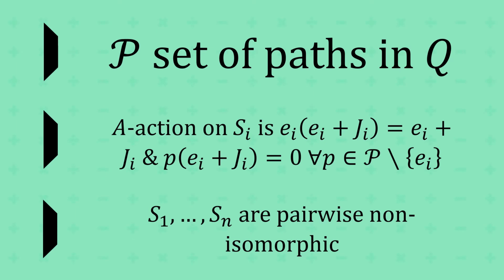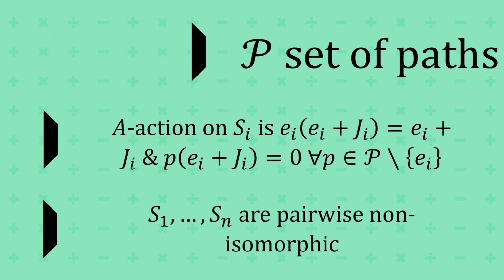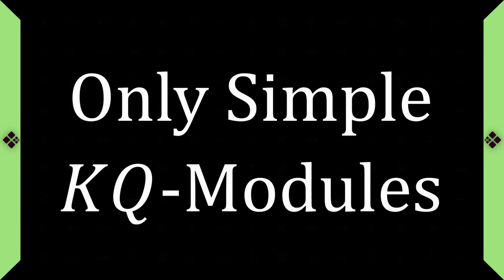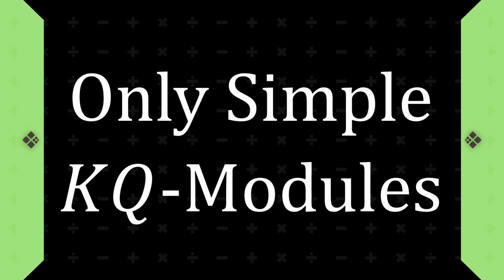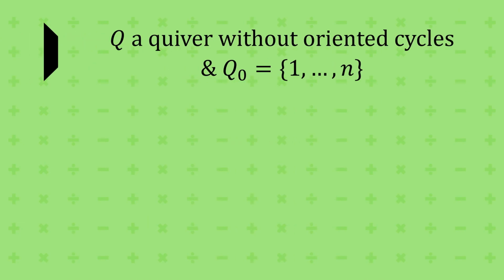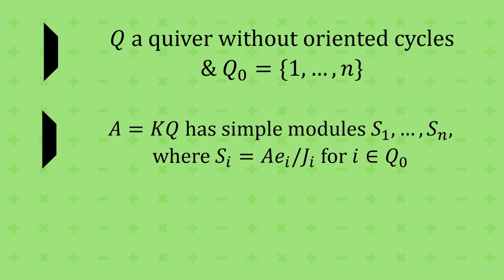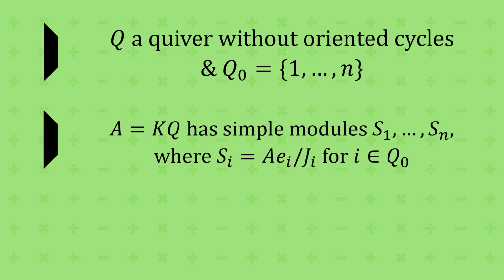We can show, using a proof by contradiction, that the A modules S_1 to S_n are pairwise non-isomorphic. Informally, these are the only simple A modules up to isomorphism. Formally, let Q be a quiver without oriented cycles, and let the vertices of Q be given by Q0 equaling 1 to n.